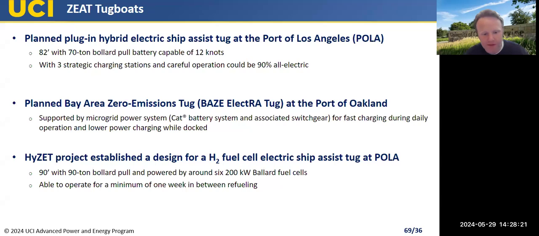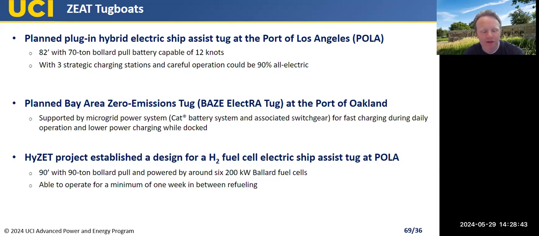There are also several planned projects in California. One of those is at the Port of LA with a plug-in hybrid electric ship assist tug. There is funding in place for that. The assessment of that is that with strategic charging stations and careful operation, you could potentially be up to 90% all electric, which would be really nice from an environmental standpoint.